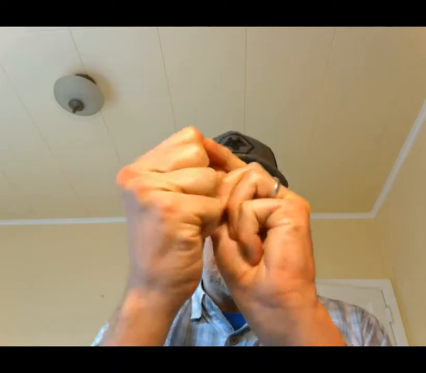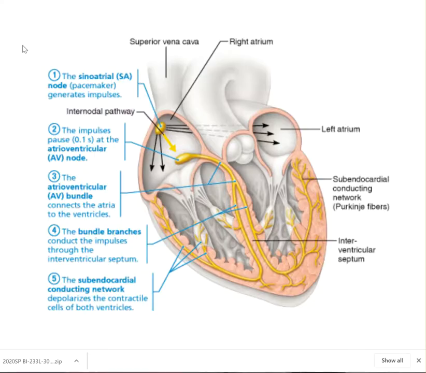They kind of contract like this, and they're going to force blood up and out through the pulmonary semilunar valve and the aortic semilunar valve to the lungs and to the body respectively. Okay, so this is the aortic one, goes out to the aorta into the body, and then it's not shown here because it's underneath the pulmonary semilunar here, going to the pulmonary trunk. So we've got all these steps.